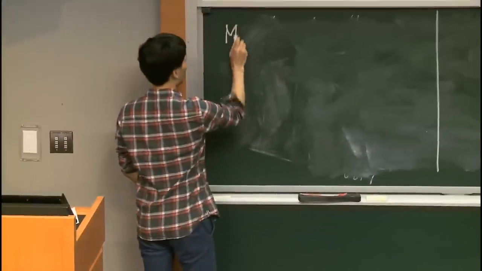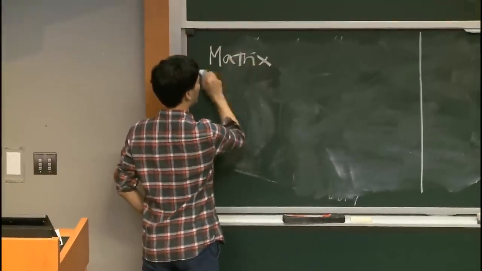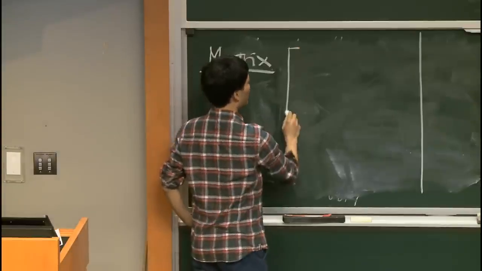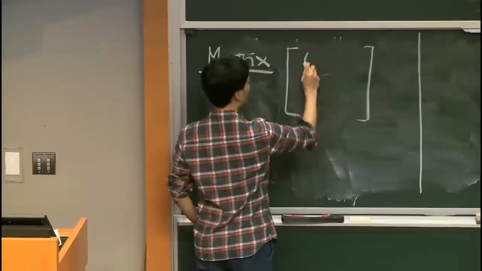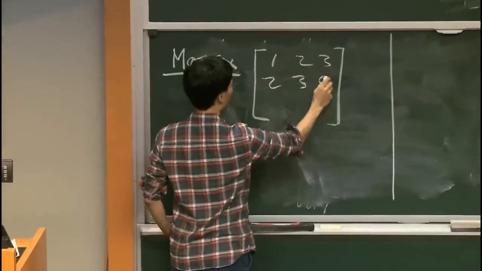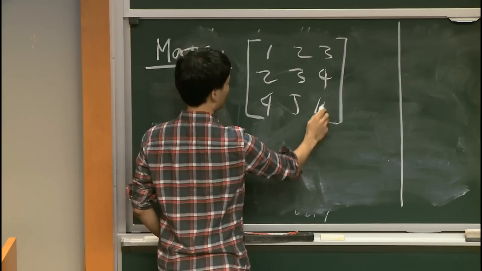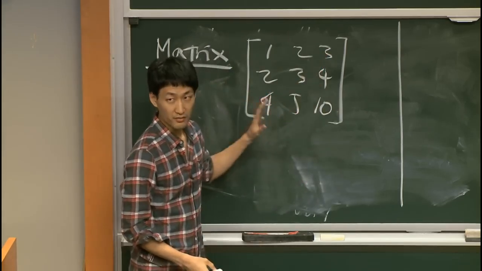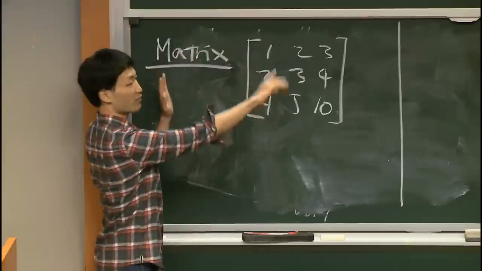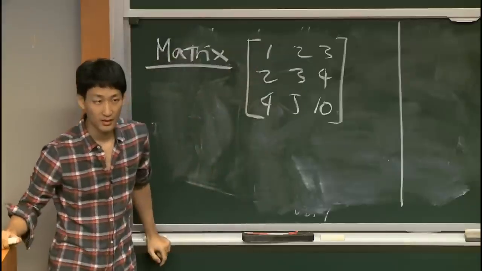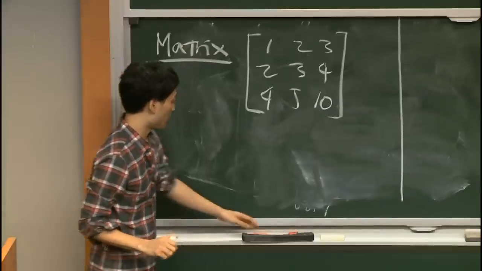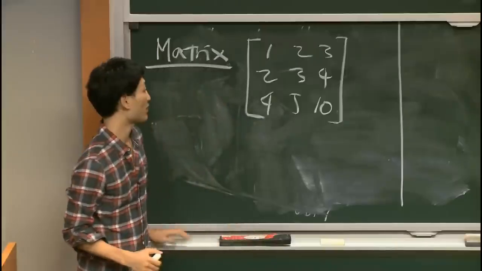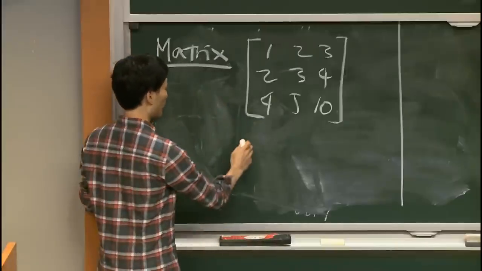So I want to start by talking about matrices. A matrix, in a very simple form, is just a collection of numbers. For example, 1, 2, 3, 2, 3, 4, 4, 5, I don't know, 10. You can pick any number of rows, any number of columns. You just write down numbers in a square format, and that's a matrix. What kind of data can you arrange in a matrix? I'll take an example which looks relevant to us.